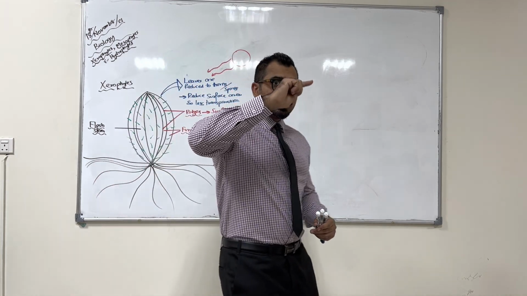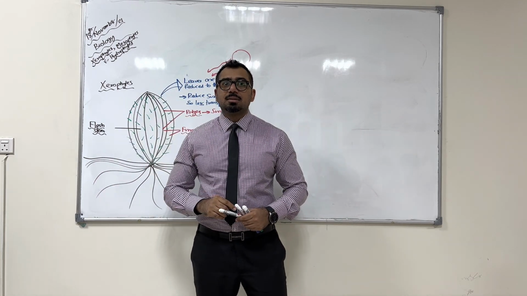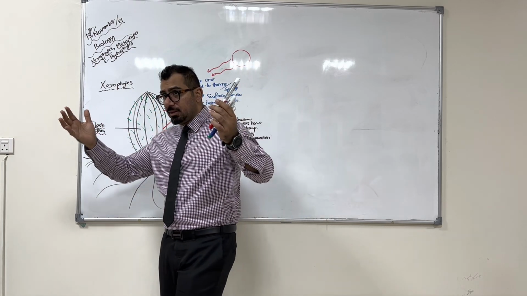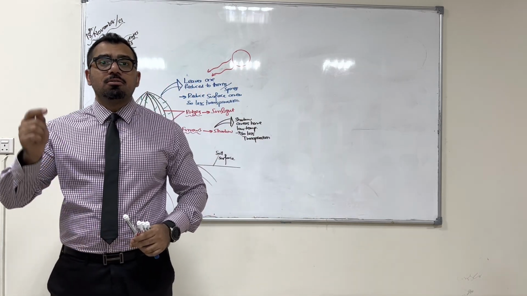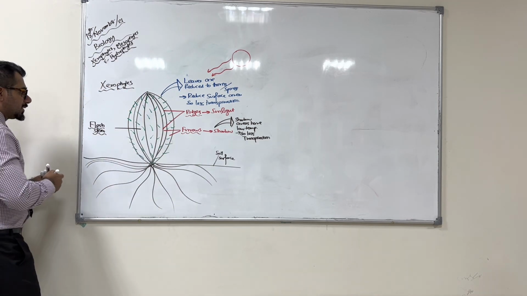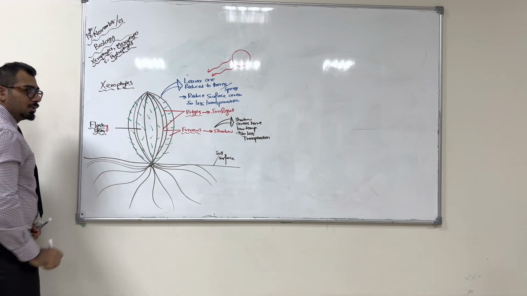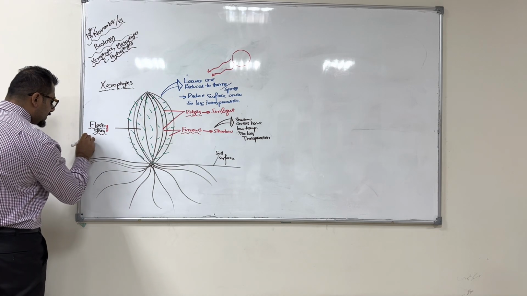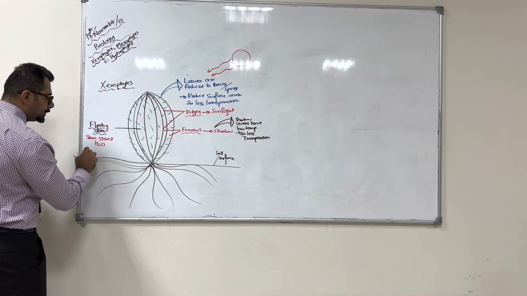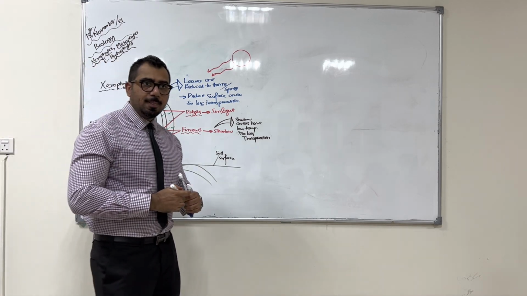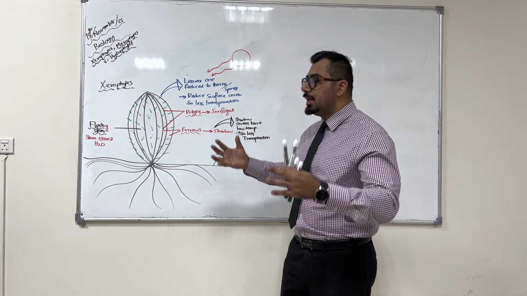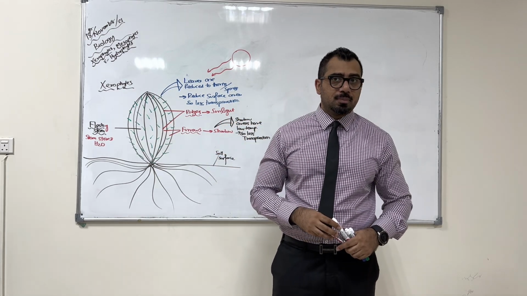Now, the inner jelly-like area is called the fleshy area. And why is it jelly-like? Because it has stored water in it. Understand? So when I am saying that it has a fleshy stem, it means that the stem stores water in it. So this is another way of conserving water. Whatever water is available, it is stored inside the stem.